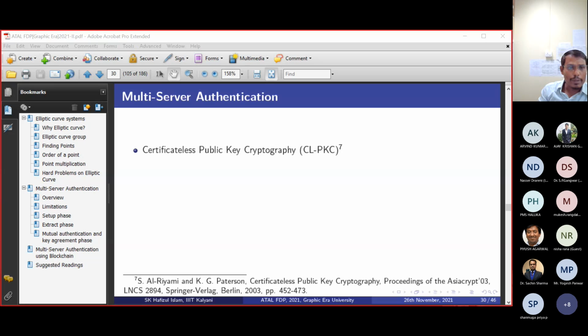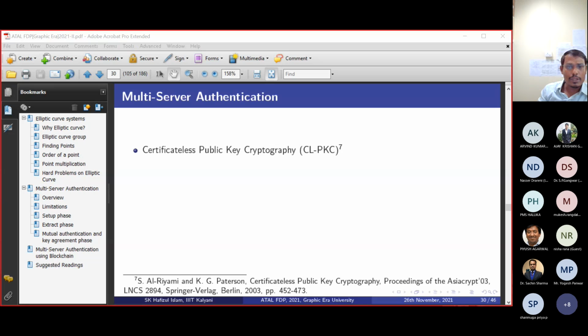Now what does certificate-less public key cryptography do? It takes this x and s times Q, this tuple, as the private key. What is the benefit of that? In this case, the user creates this x and the PKG creates this s times Q. So the PKG will not know the complete key, but part of the key is known, right? And also, this key does not require any certificate to authenticate the corresponding public key.